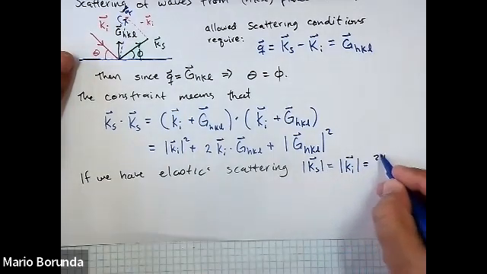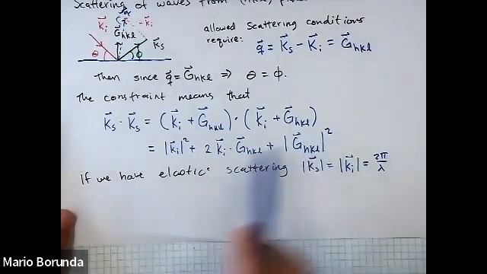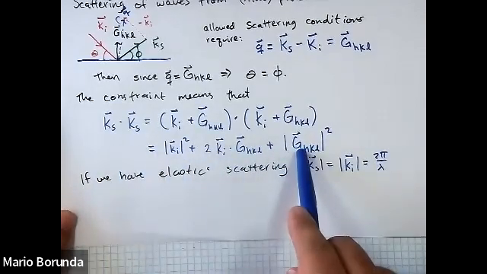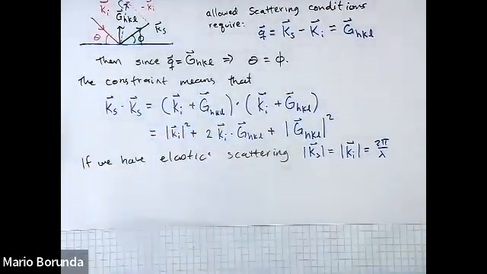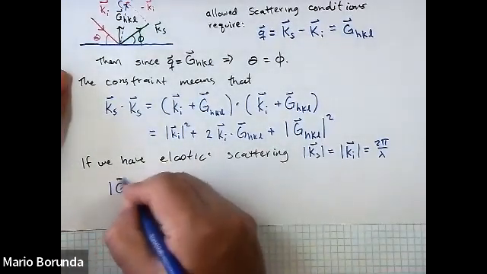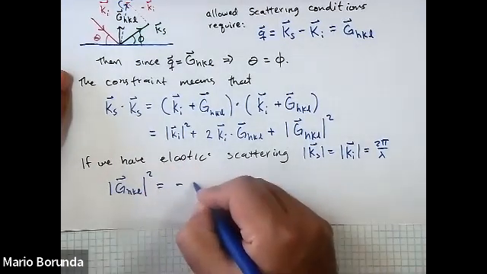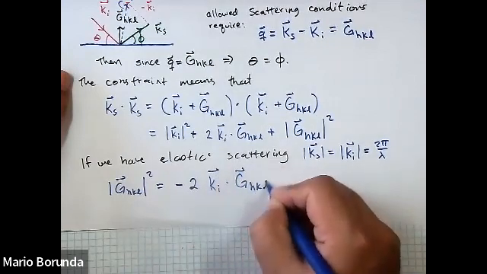And we know that this is the wavelength of the light, if it's light. So if we do that, there's a Ki squared here, there's a Ki squared here. And we can just move this guy to the other side. Those two cancel out. And we get G_HKL squared is equal to -2 Ki dotted with G_HKL.